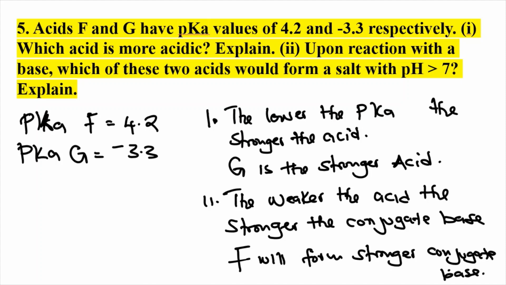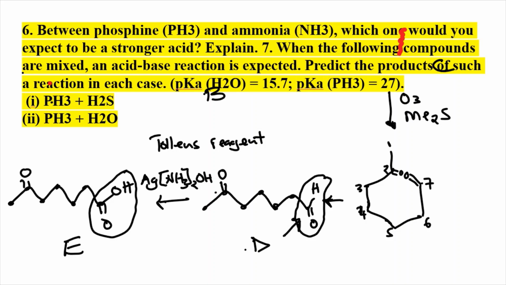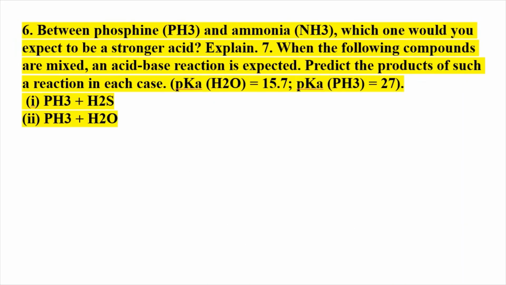All right, let's move on to question 6. Question 6 says between phosphine, which is PH3, and ammonia, which one would you expect to be a stronger acid? Explain. Okay, so let's solve this.